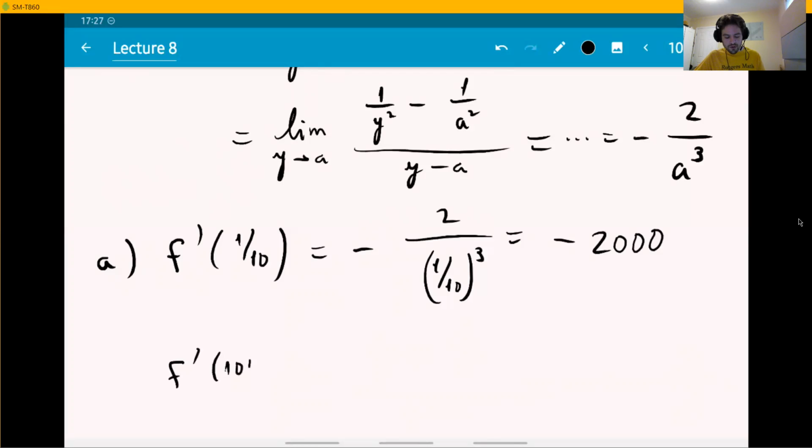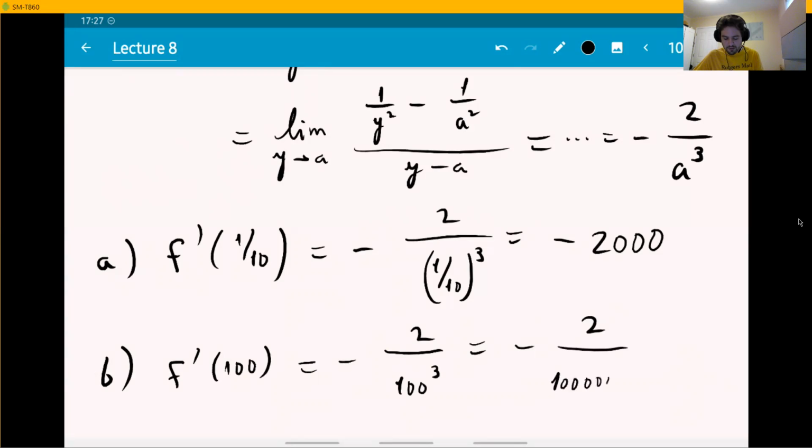f prime of 100, item B, minus 2 over 100 cubed. Now it is a negative number, as we had guessed. What is 100 cubed? Just a number with 6 zeros. It's a million. Again, as we guessed, negative, but with a small size.